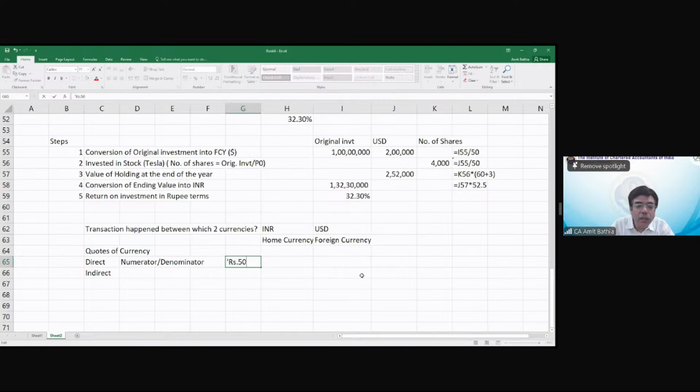Rupees 50 per USD. So what is the numerator? Rupees or USD? Rupees. So here rupee is known as your reference currency, also known as pricing currency.